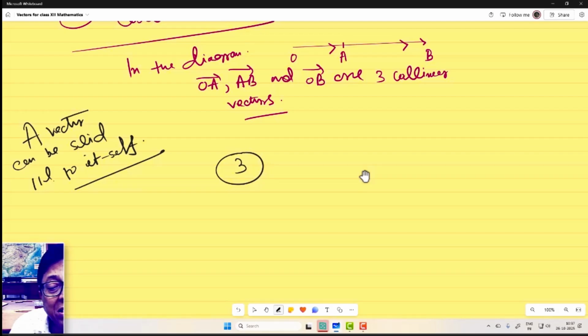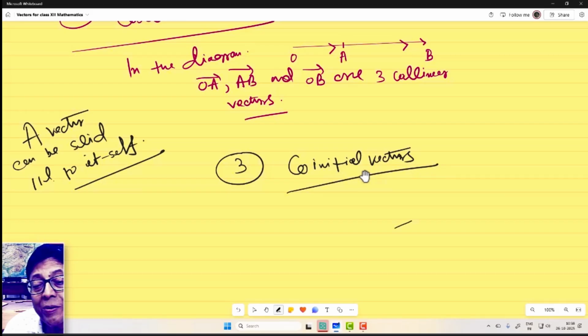Now, vectors may be co-initial. What are co-initial vectors? If two or more vectors are starting from the same origin, O to A and O to B, starting from the same point, they are co-initial vectors.